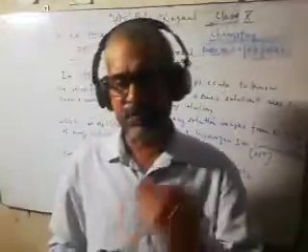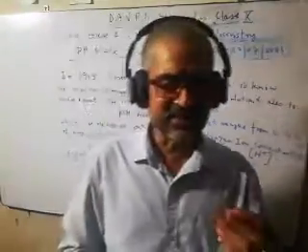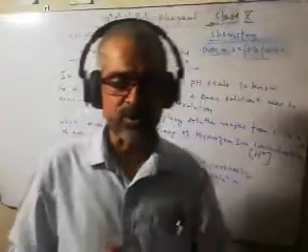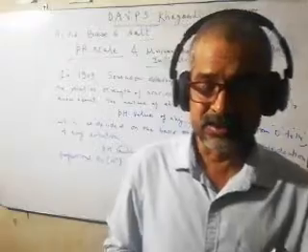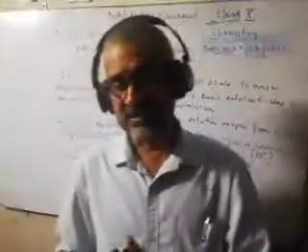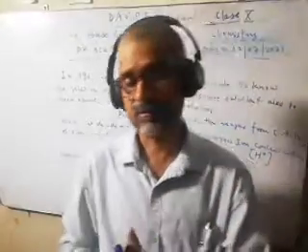But acids are those compounds which provide H plus ion in their aqueous solution. So in an acid solution, the H plus ion concentration will be more in comparison to OH minus.